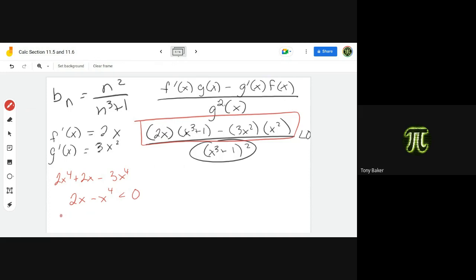If I factor this, because multiplication always makes life easier, I get x times (2 minus x to the third) has to be less than 0. So I've got x is less than 0, and 2 minus x to the third is less than 0.